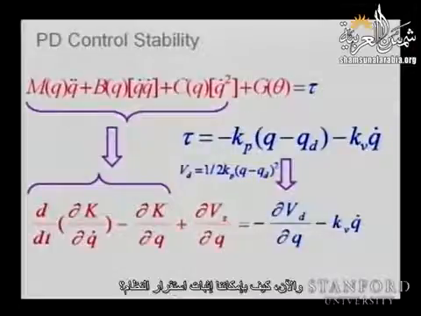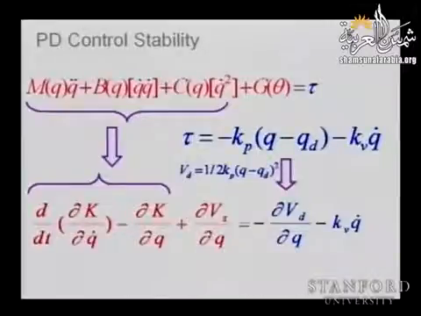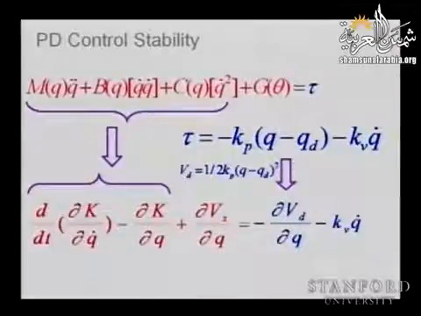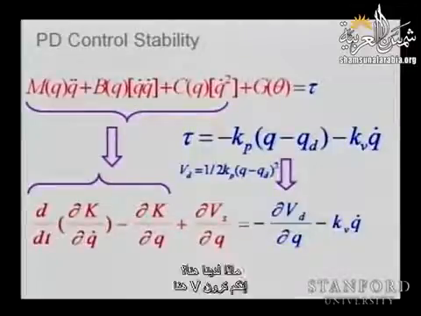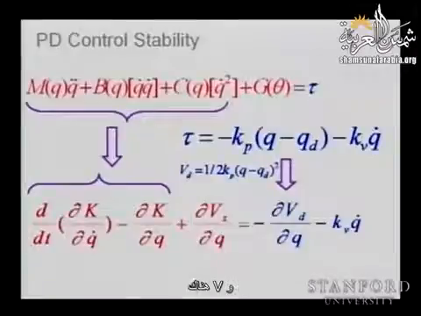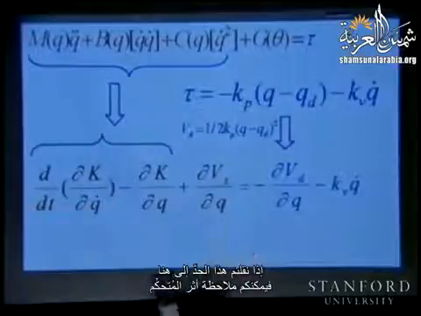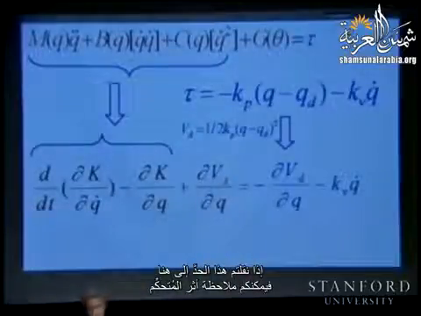So now, how can we prove the stability of the system? It's now much easier. You see a V here and a V there. By adding this, if you move this to here, you can see the effect of your control.